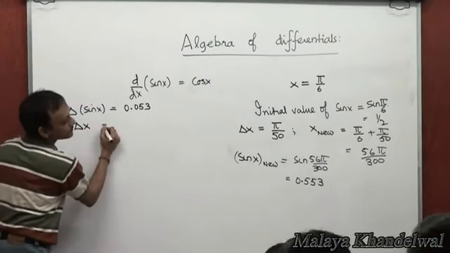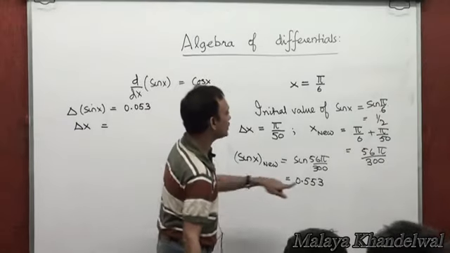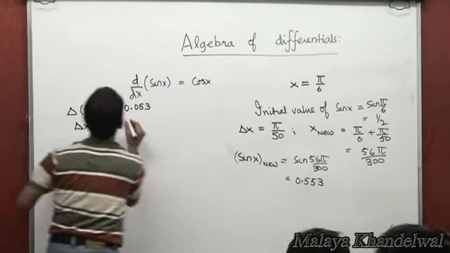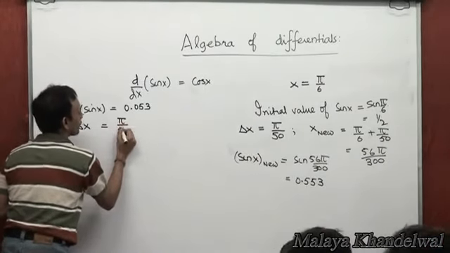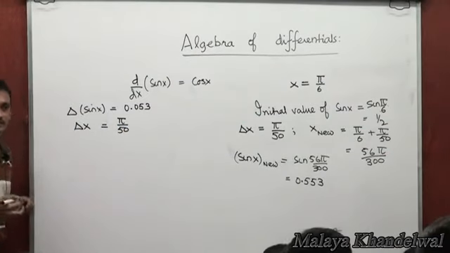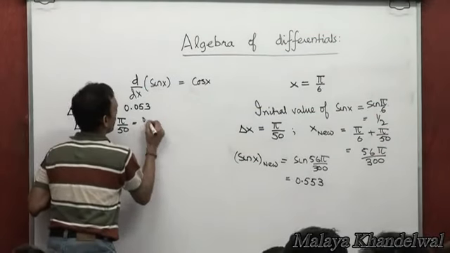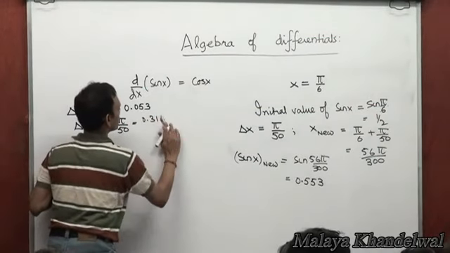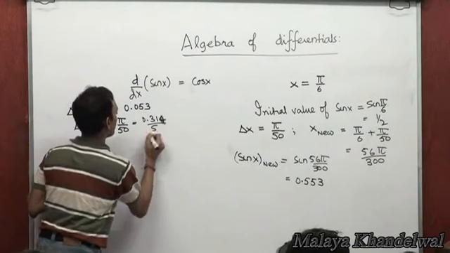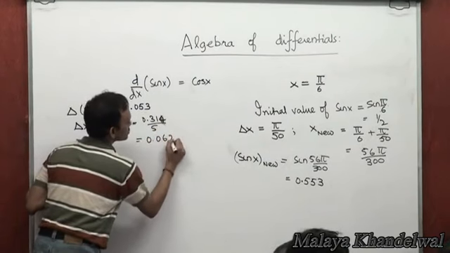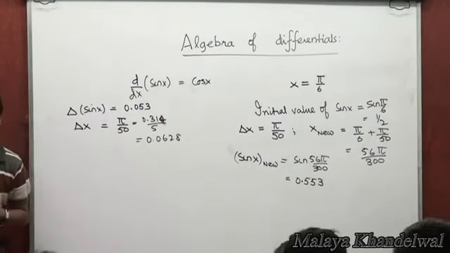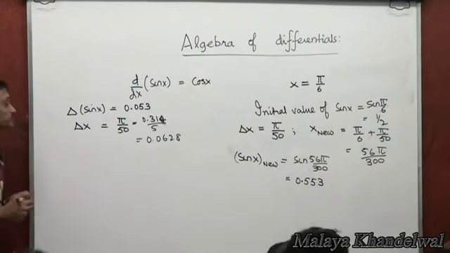Change in x is pi by 50, which is like 0.314 divided by 5, which is 0.0628. That's the change in x, right?